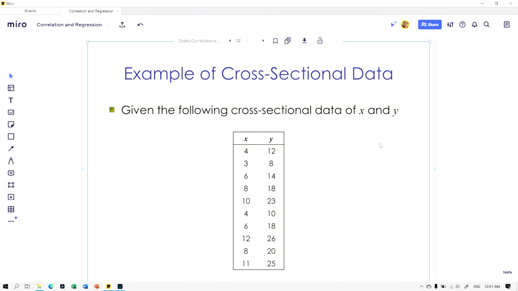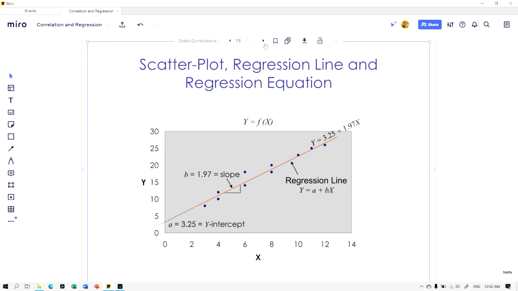To illustrate how we perform a simple linear regression analysis and determine the equation that relates y to x, we will use this simple data, and from this data we can construct a simple linear regression line.